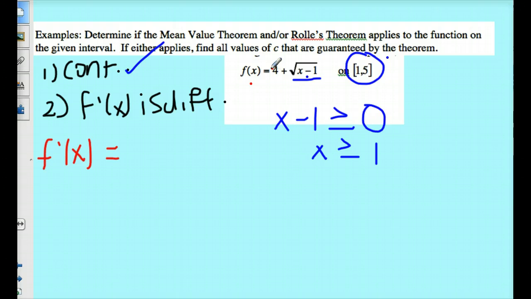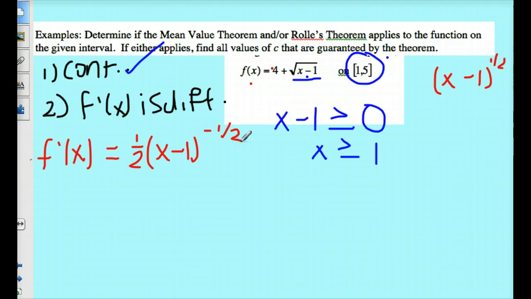If I rewrite this, the square root of x minus 1 is the same as (x minus 1) to the 1/2, so I have a 1/2 times (x minus 1) to the negative 1/2 times the derivative of the stuff, which is 1. Because I need to find out if this is differentiable, I am going to rewrite this with the correct denominator. Now I have to make sure that this derivative exists for our interval.